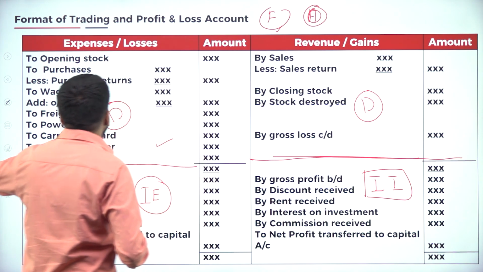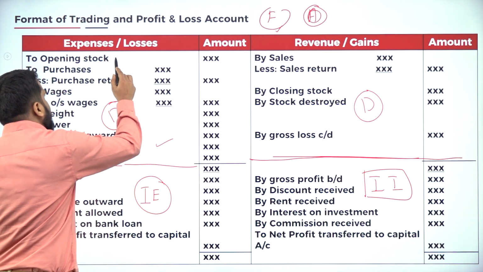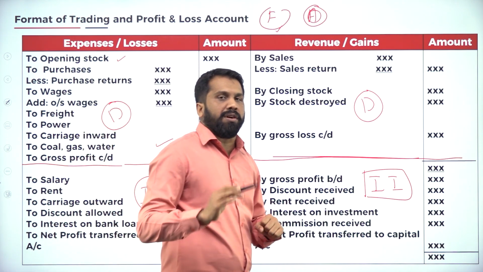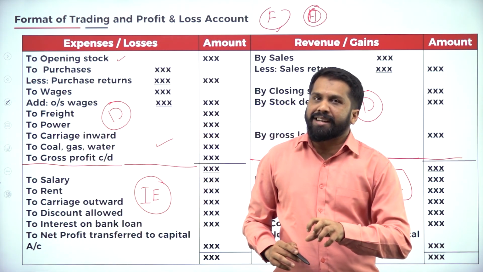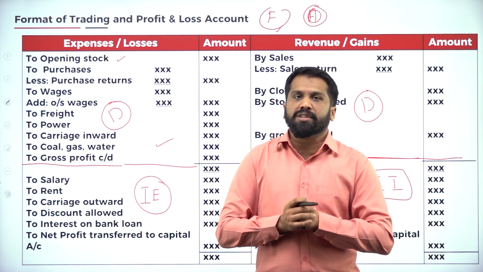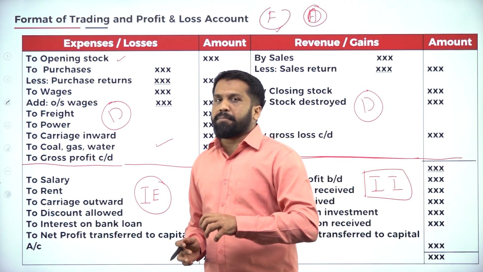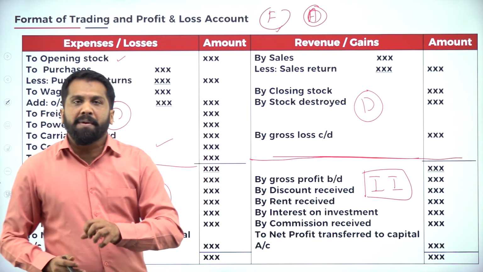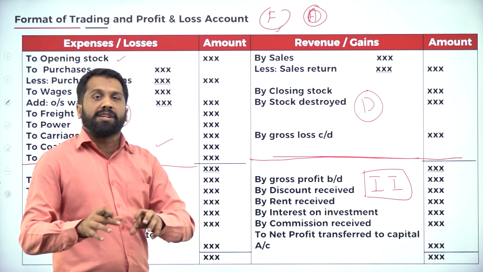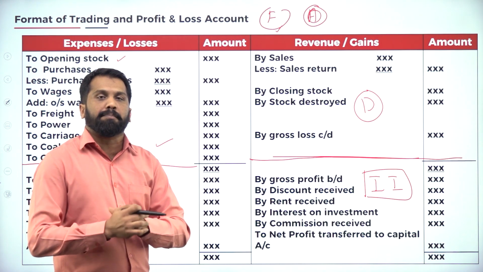Now, first one, opening stock. Opening stock means what? Like, you wanted to start work for the current year. You wanted to start production. Now, before you start your production, you will see how much we have of the previous year. Like previous year, still some portions are pending.